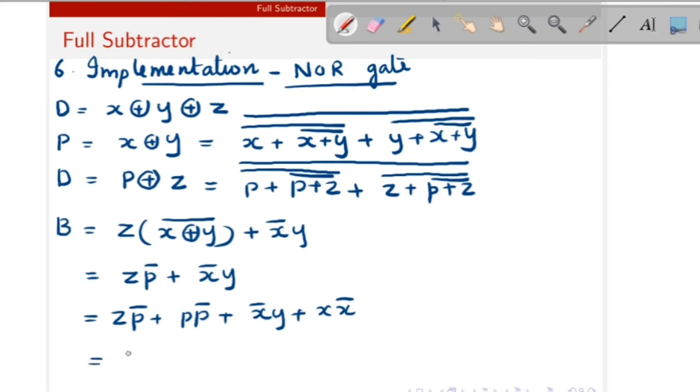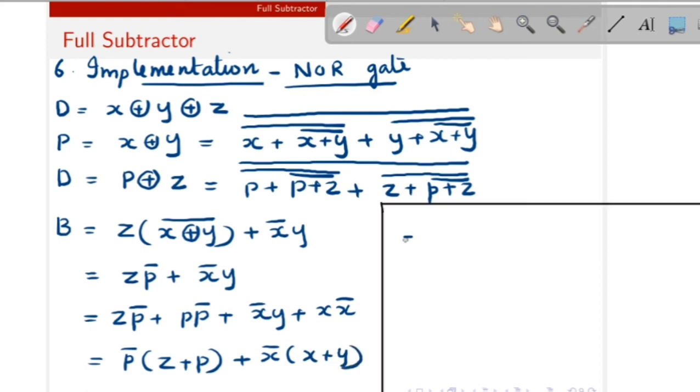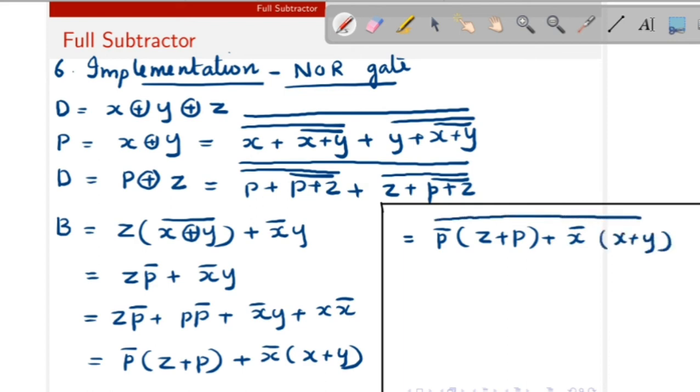Apply distributive law. So here it is p bar into z plus p, and here also apply distributive law, so x bar into x plus y. This can be written as p bar into z plus p plus x bar into x plus y double bar, whole double bar.